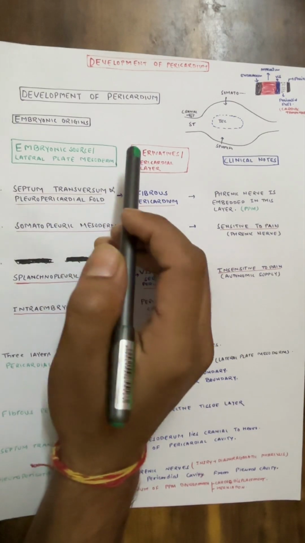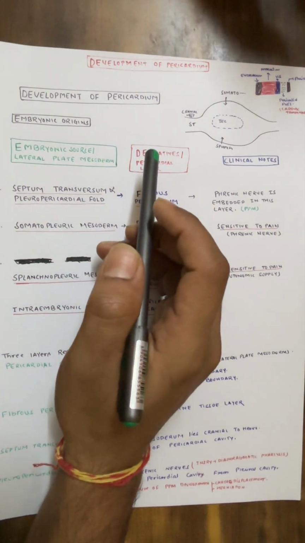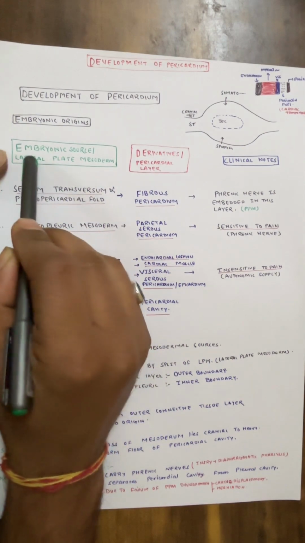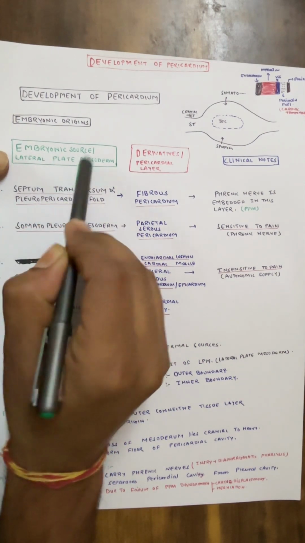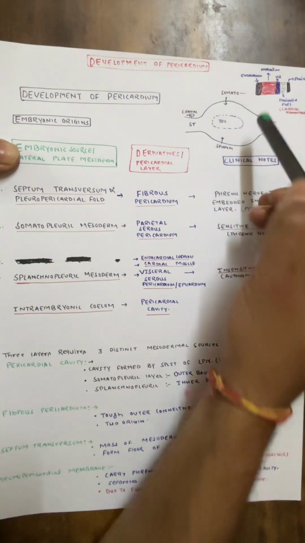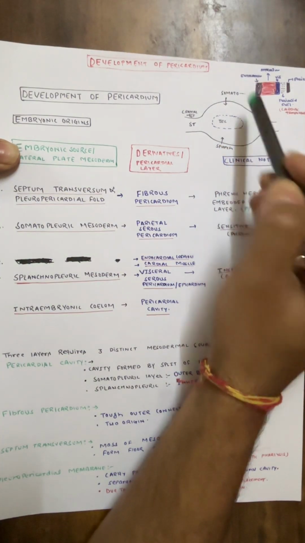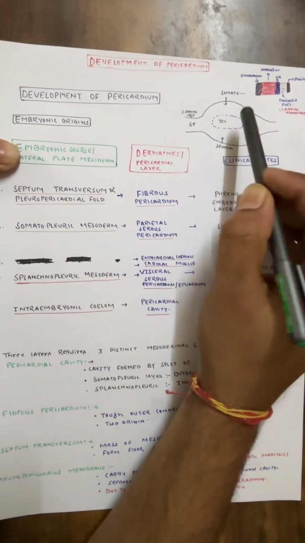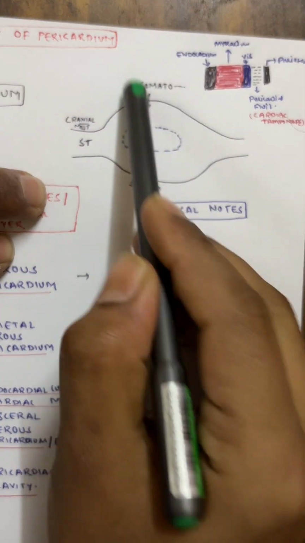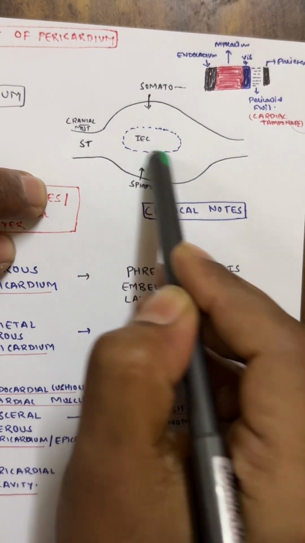So now let's start our lecture from the beginning. In the early embryo, I have shown you the picture of the lateral plate mesoderm. That lateral plate mesoderm splits and forms two layers, somatopleuric mesoderm and splanchnopleuric mesoderm. The somatopleuric mesoderm will be near the body wall, and the splanchnopleuric will be near the organ.